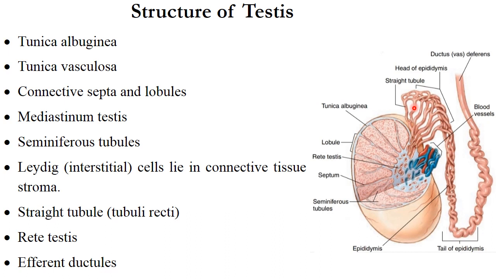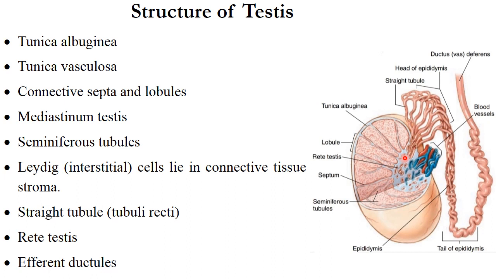Now the terminal part of the seminiferous tubules forms the straight tubule. So the terminal part of seminiferous tubules form straight tubules. They are also known as tubuli recti, and they are present near the mediastinum. Then there is a term rete testis.